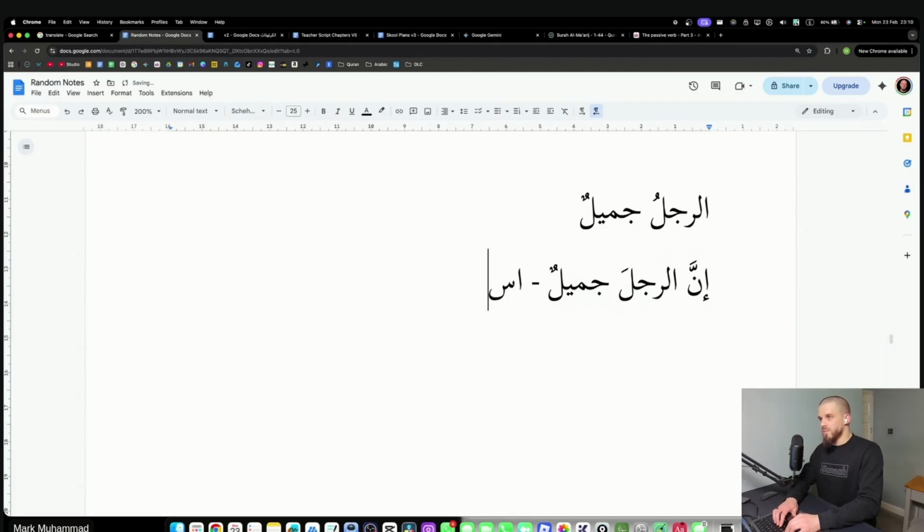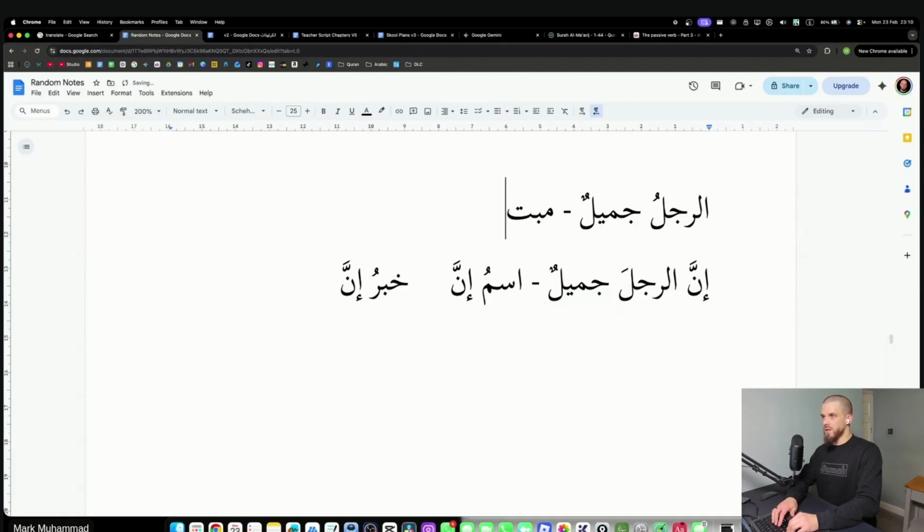Unfortunately, the name changes. The mubtada now becomes something called the ismu inna, and the khabar becomes called khabaru inna. But ismu inna still does the function of the mubtada. It's practically the mubtada with a different name.